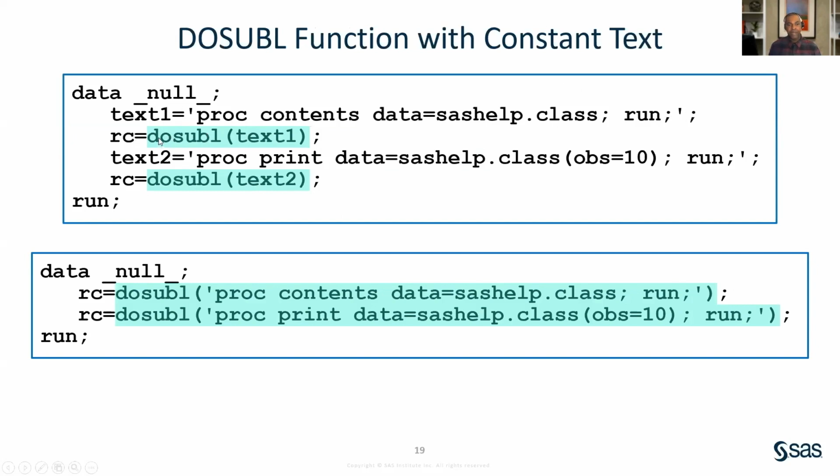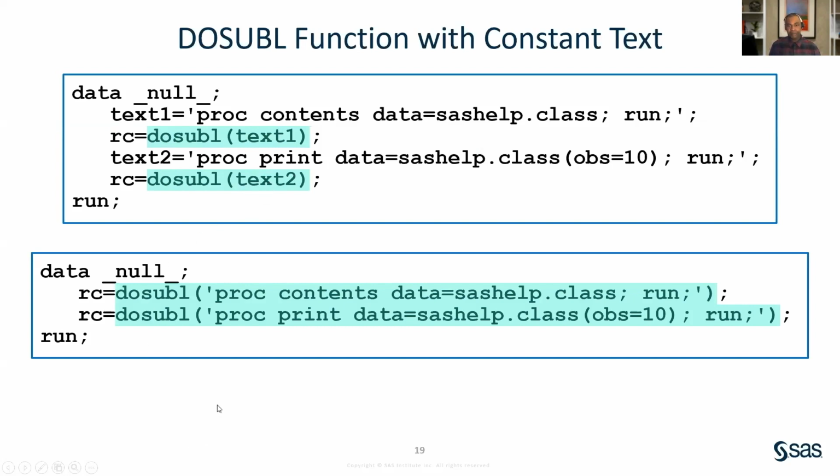And then I use the DOSUBL function against that variable that has that text, and I'm assigning it to a return code type variable, so I'll be able to identify if it's successful or not by checking that variable value or just checking the log. Next, text2 equals a PROC PRINT, data equals SAS help.class for 10 observations. Here's a run statement. So that literal, which is a legitimate step, will be the value of text2, and again, DOSUBL will execute.